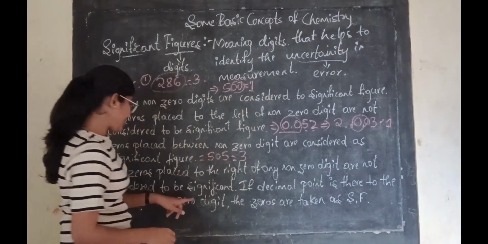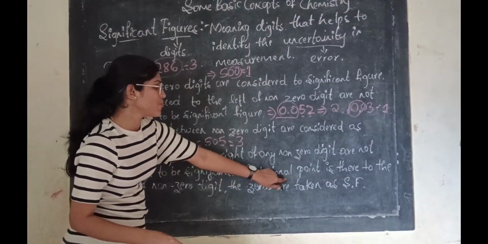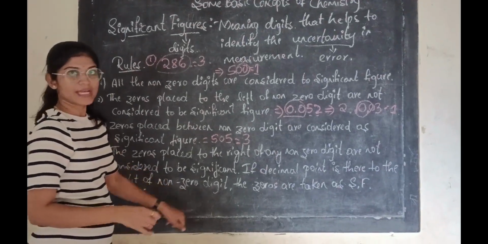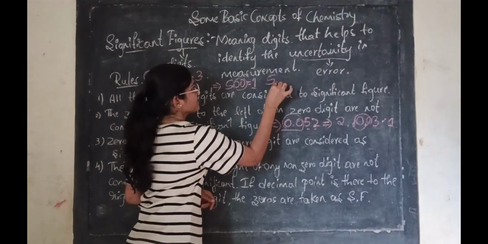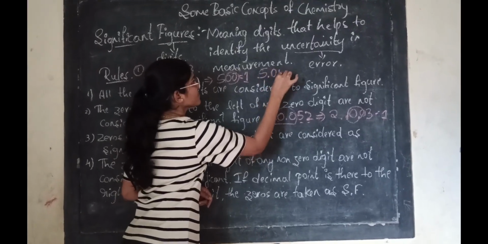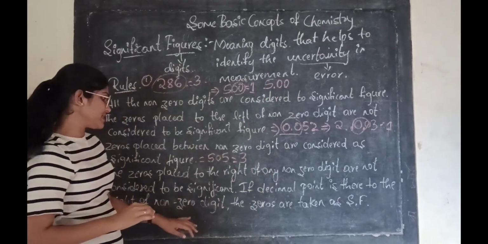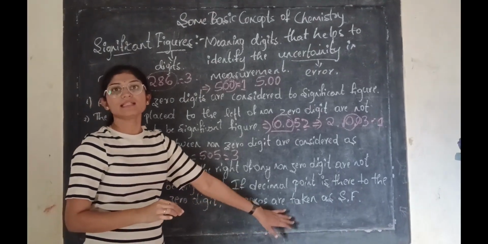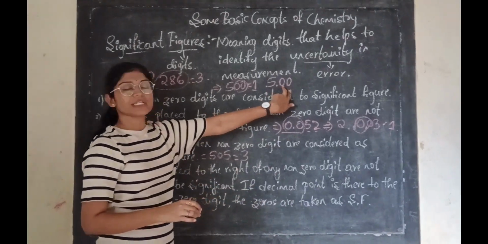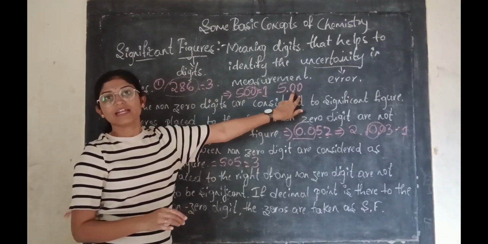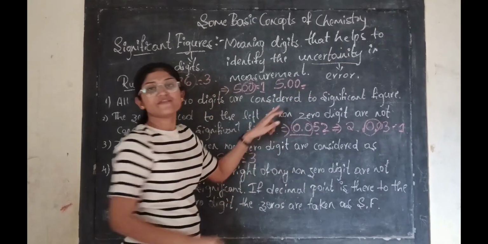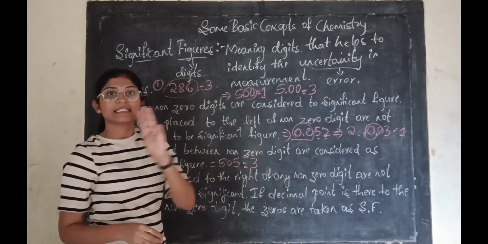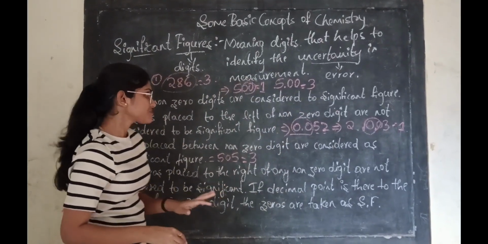If a decimal point is there to the right of the non-zero digit, then the zeros are taken as significant figures. Then these two zeros are considered significant figures. So what is the number of significant figures here? 1, 2, 3. There are 3 significant figures.